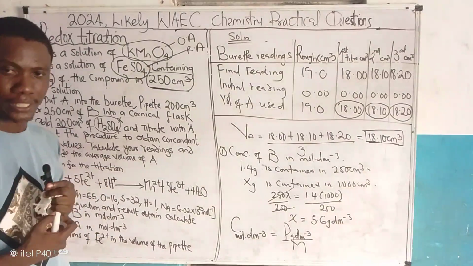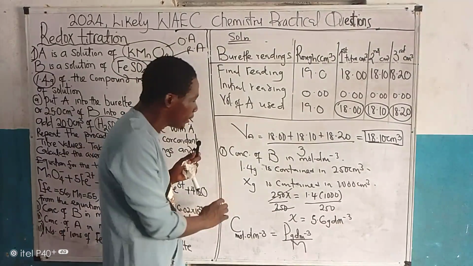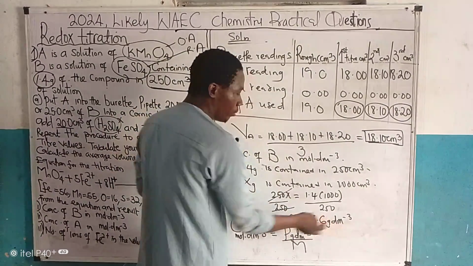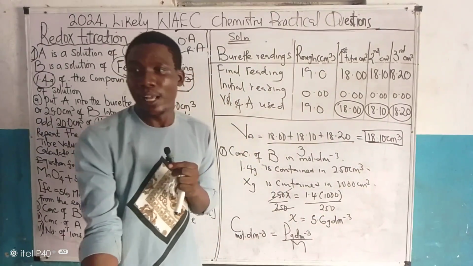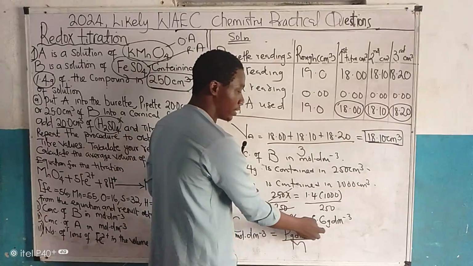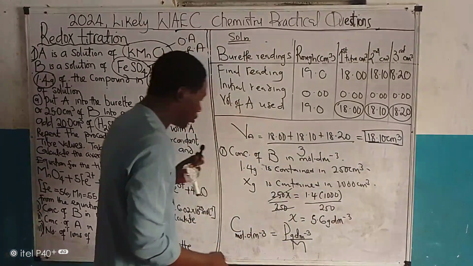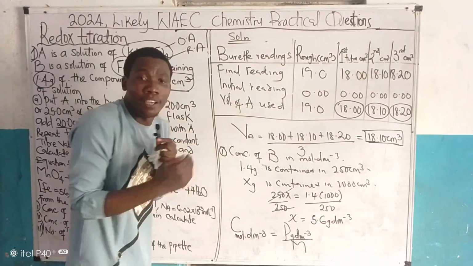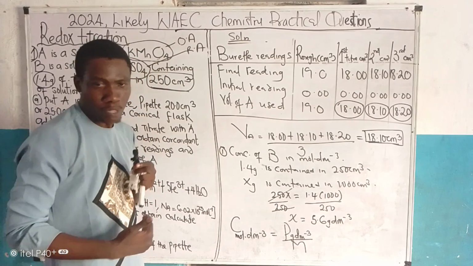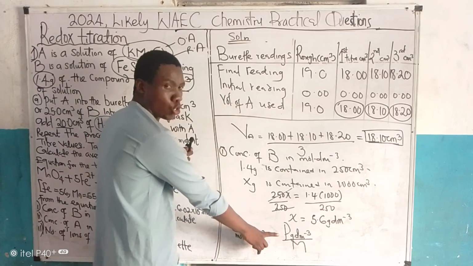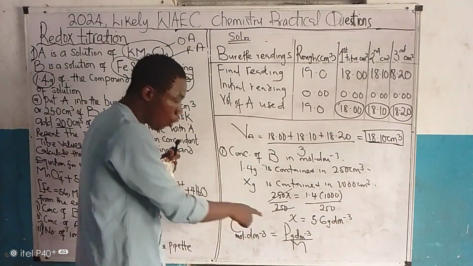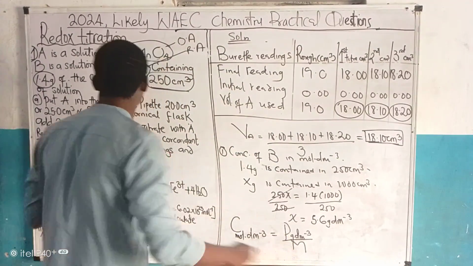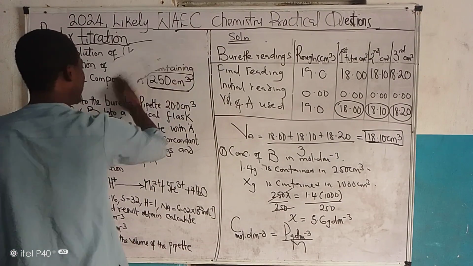So after you have calculated your concentration in gram per dm3, this is the mass in 1000. Don't forget that dm3 is 1000. So the mass in 1000 is 5.6 gram per dm3. So when you have done that, you can now calculate your concentration in mole per dm3. So how do you do that? It is mass concentration over molar mass. That is to say, we need the molar mass of this compound. So let's print a portion of this board to do that.